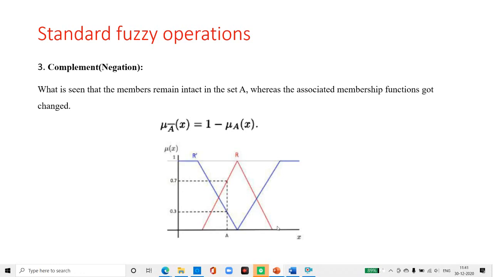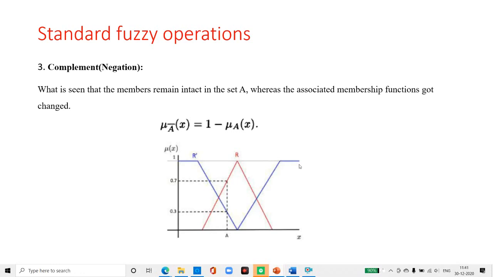The complement is like this, just the inverse of it, the blue line. So the complement means the inverse of R. This is our R region, and the complement for that R region is the blue line.